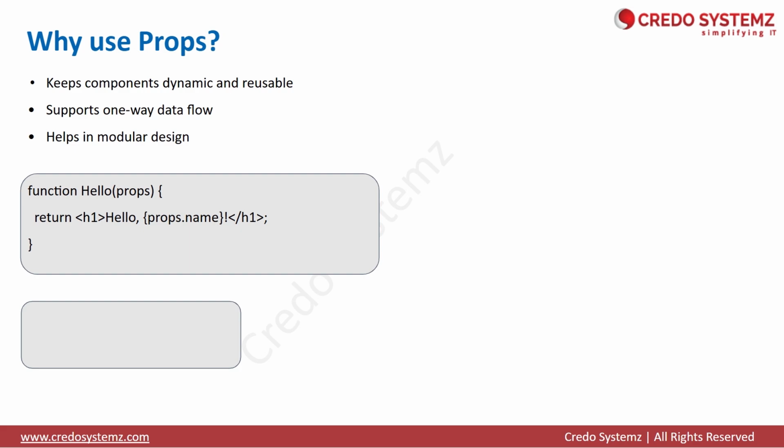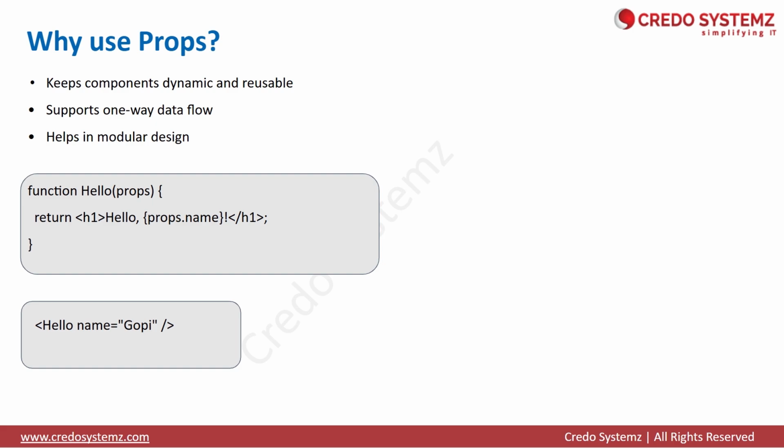Then this is fine. How will I pass data to this component? That's what this is about. Here is an example. You can see I'm invoking the Hello component. If you are not aware of this syntax, please look at the last video, because in the last video we discussed how you can create a component and how to use a component in a React application.